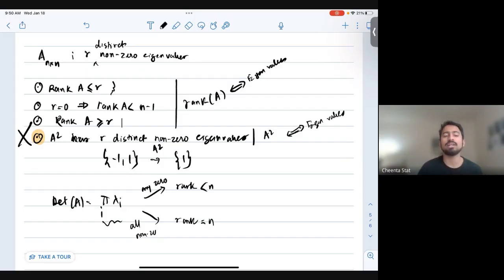So is rank less than or equal to n minus 1? We know rank is less than n, but is it less than n minus 1? No, it can be n-1 as well.